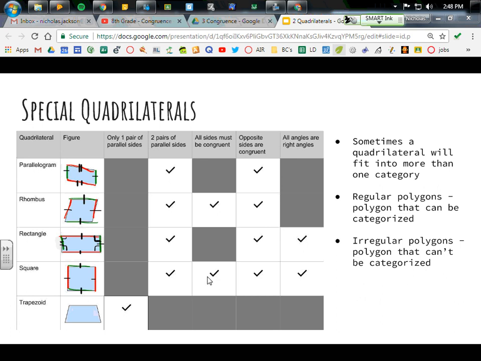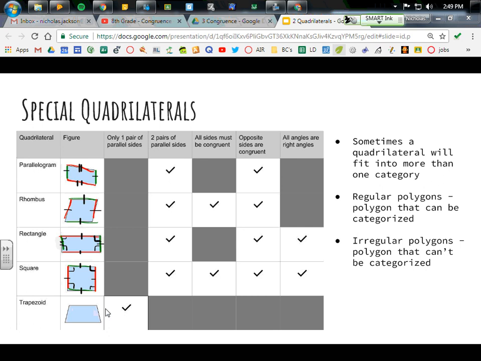All right? That also means that the opposite sides will be congruent. And it has to have four 90-degree angles. So the square has to meet all four of those criteria.